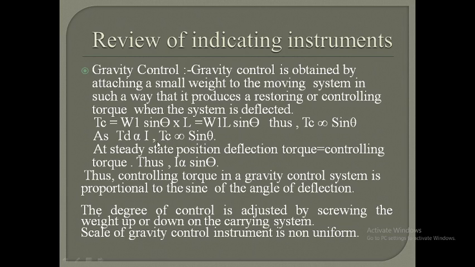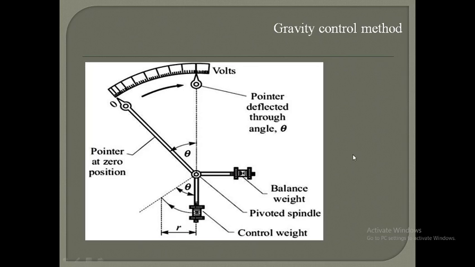Td is directly proportional to I, so at the end you will get I directly proportional to sin theta. So controlling torque in a gravity control system is proportional to the sine of the angle of deflection. The degree of control is adjusted by screwing the weight up or down on the carrying system. Generally the spring control method is used.